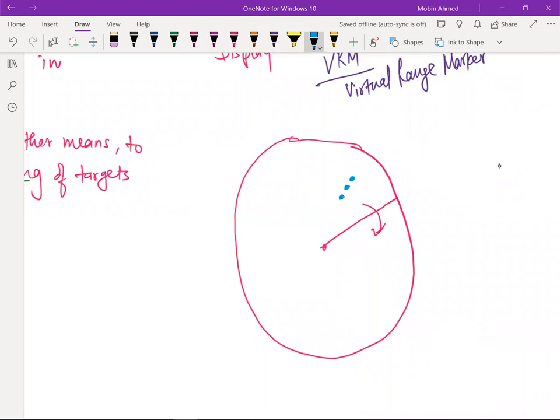So now it is coming towards our ship. If it is coming towards our ship, that means there is a chance of collision. So it can collide with us.